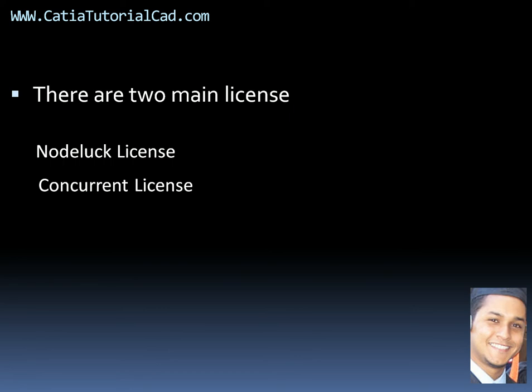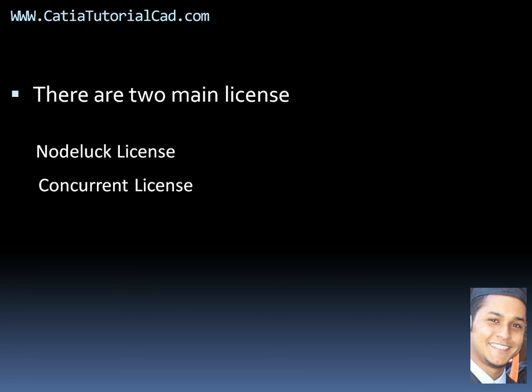So if maybe 10 employees are using it, they can connect to the company network, inside the building, and start CATIA, and it finds that the license exists in the network, and they can just borrow it and use it.